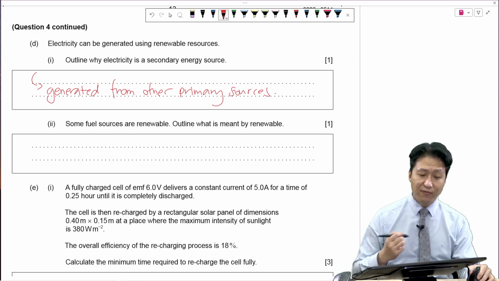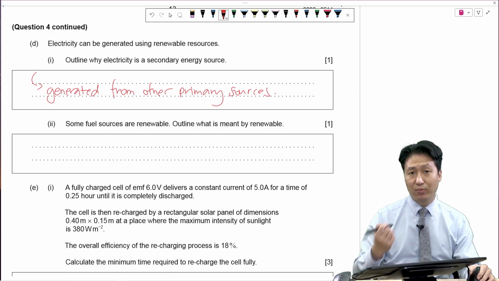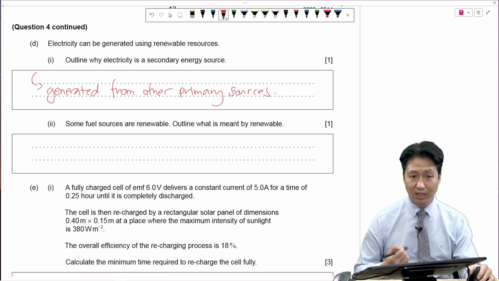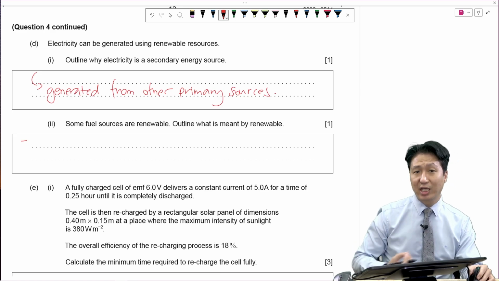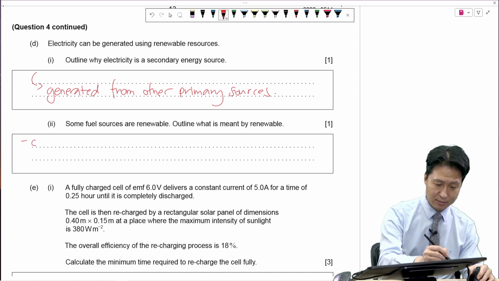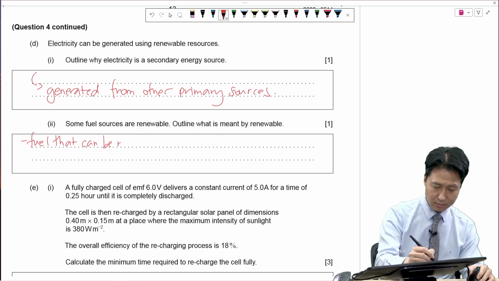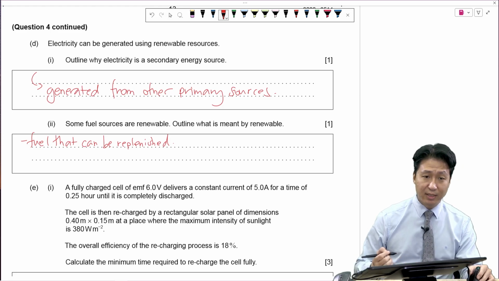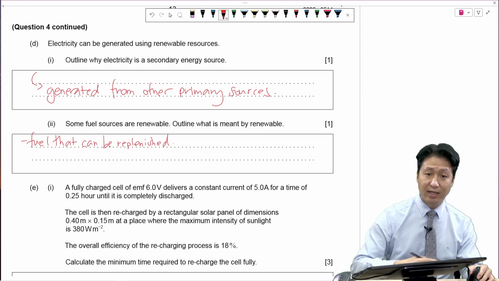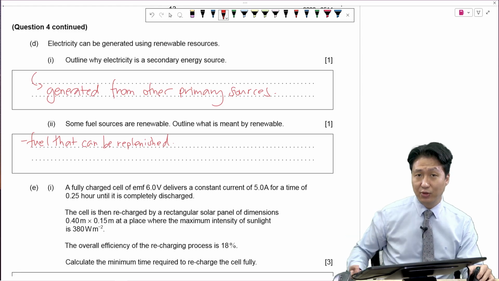2. Some fuel sources are renewable. Outline what is meant by renewable. And this is just a one-point question, so there's a lot of different answers that can be used. So, number 1, it can be a type of fuel that can be replenished easily. Or you can also state that it is a fuel that is replaced faster than is consumed.